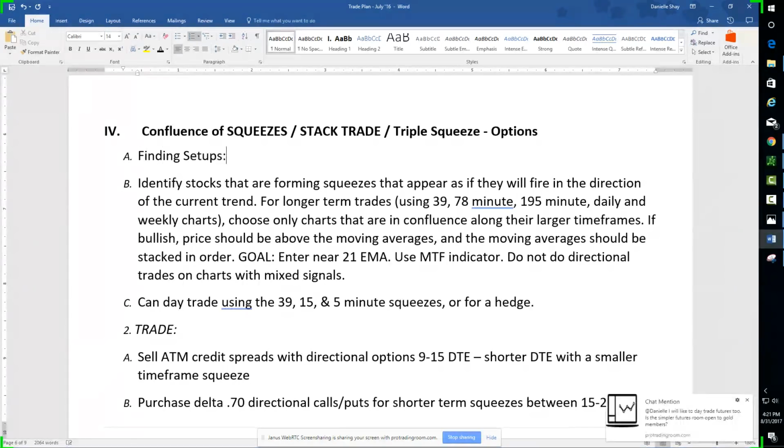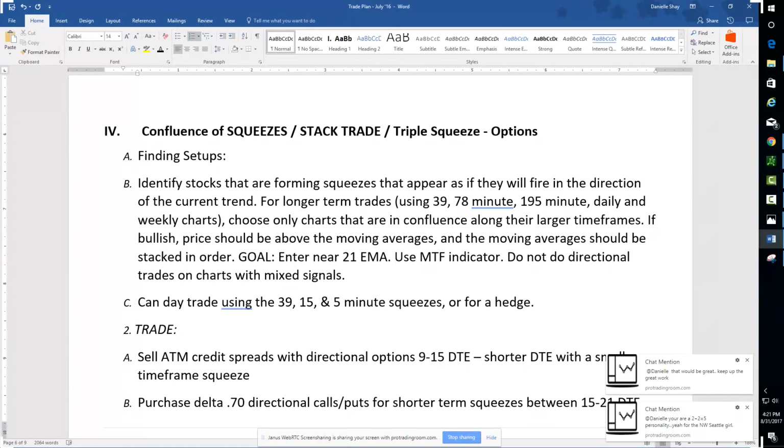But okay, finding setups. So the simpler futures room is separate from the simpler options room. We did that because in the beginning everyone was together, and people would come here looking for options trading and say, why are there so many futures traders here?